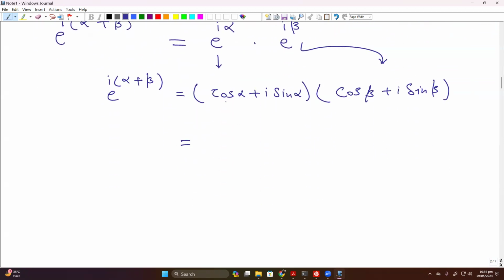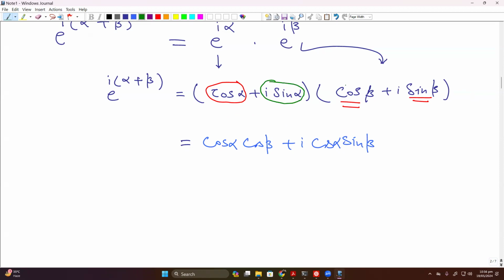Now let's multiply these two brackets. Take this one, multiply with this, and then multiply with this. I'll get two terms. So this is cos alpha cos beta plus iota cos alpha sine beta. And then take this one and multiply with this term by term. So I'll get two more terms.